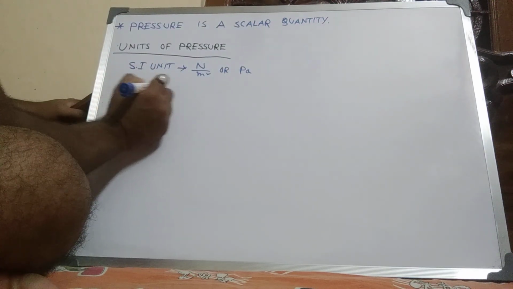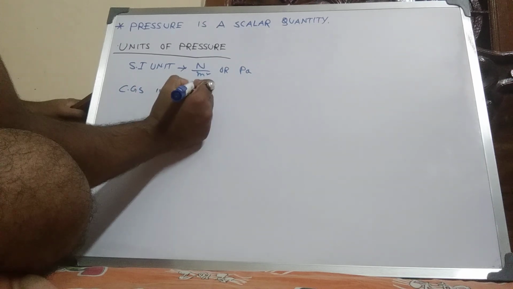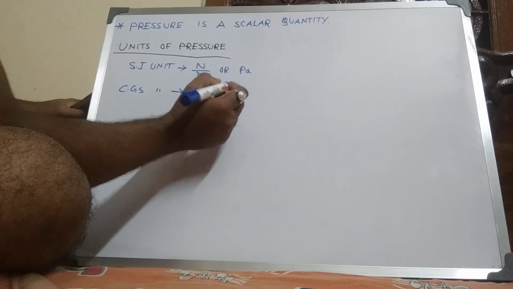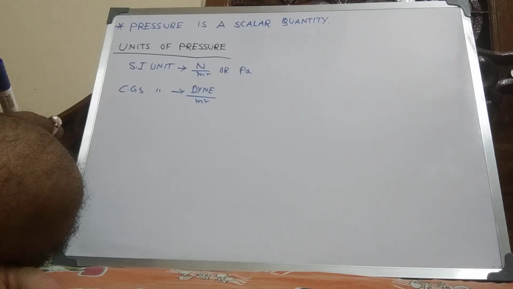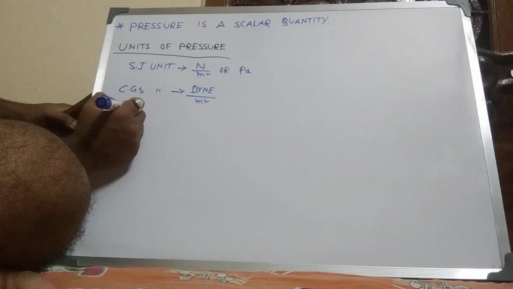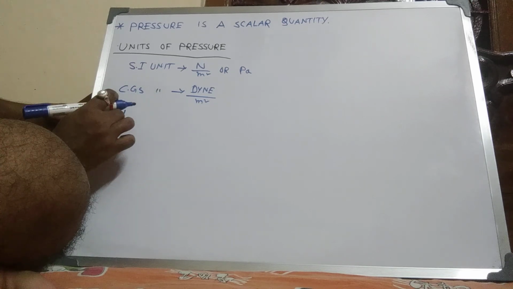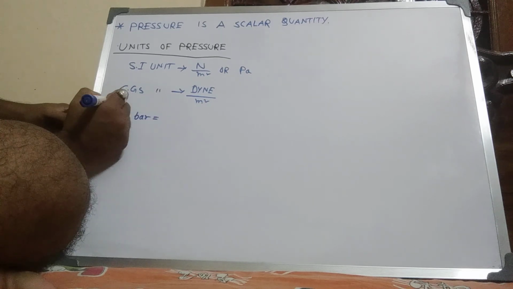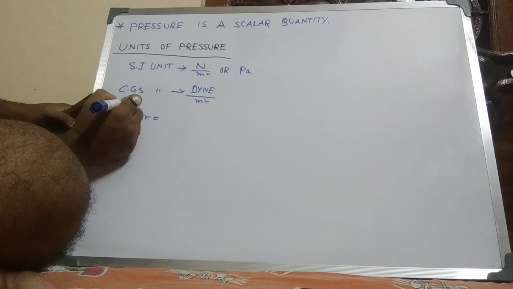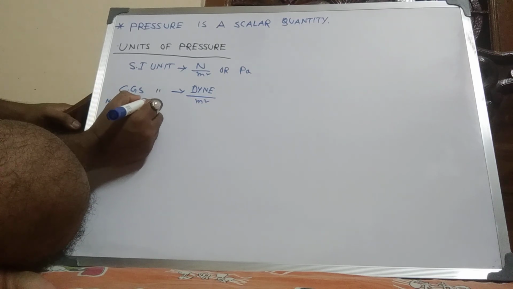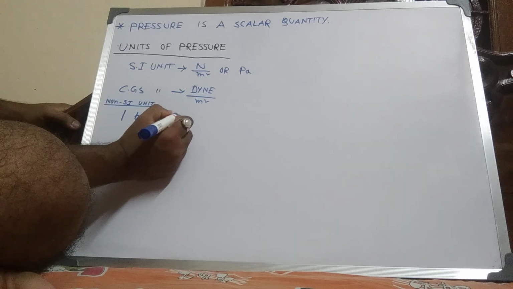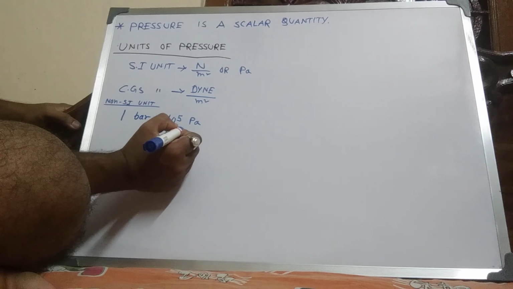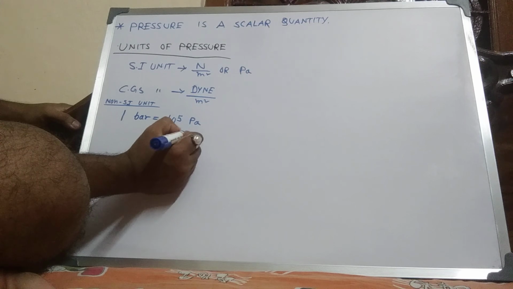CGS unit is dyne per centimeter square, and a non-SI unit is 1 bar. 1 bar is 10 to the power 5 Pascal, which is 100 kilopascal.